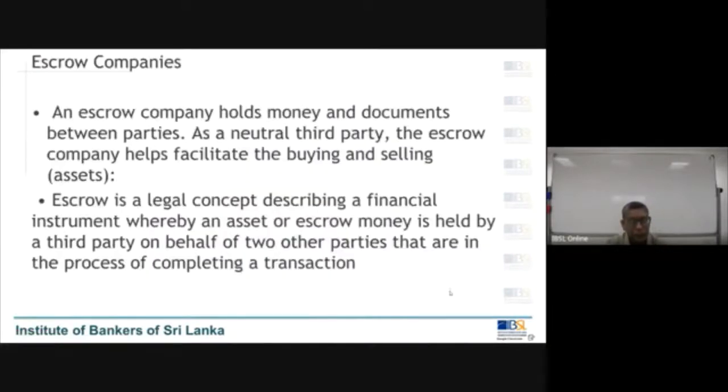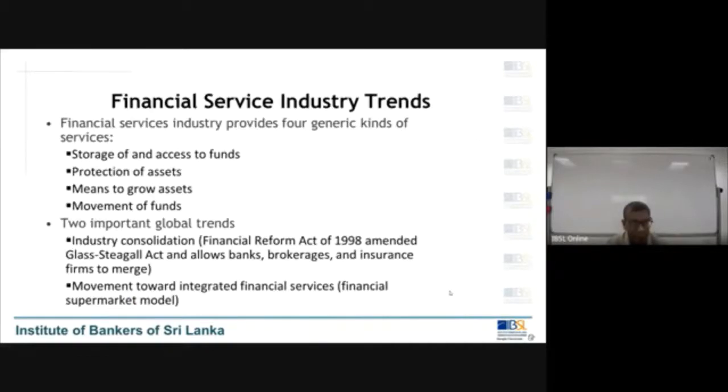Or maybe you can invest money in escrow. They will keep it until the transaction is completed, then they give the money, right? So these are some methods you can use for raising funds for business expansion activities.